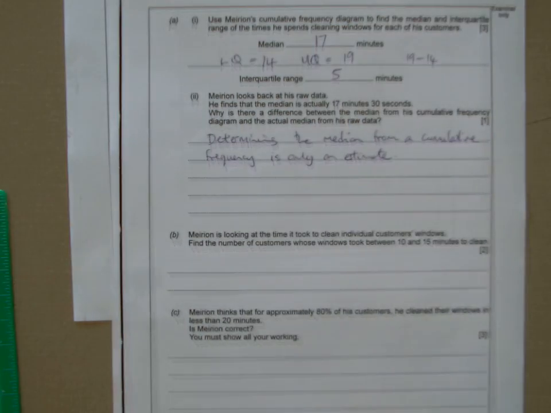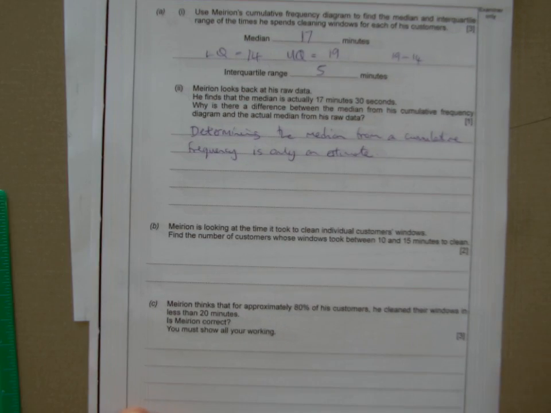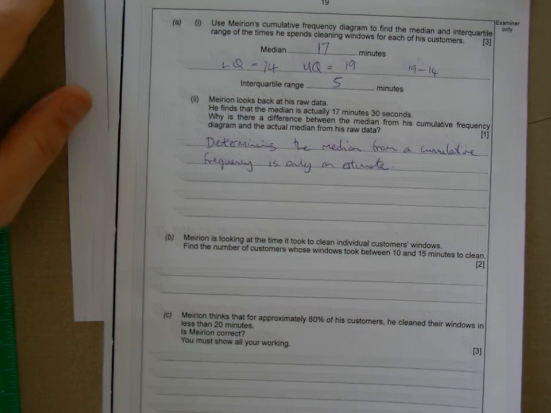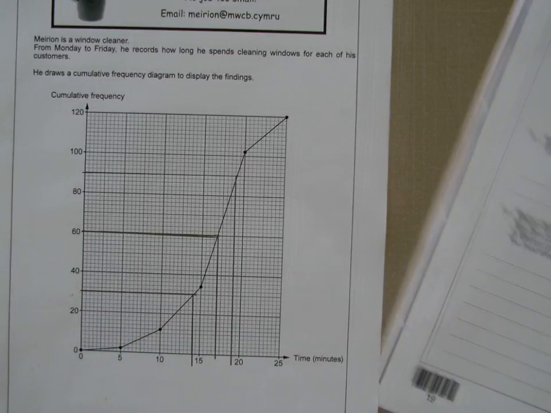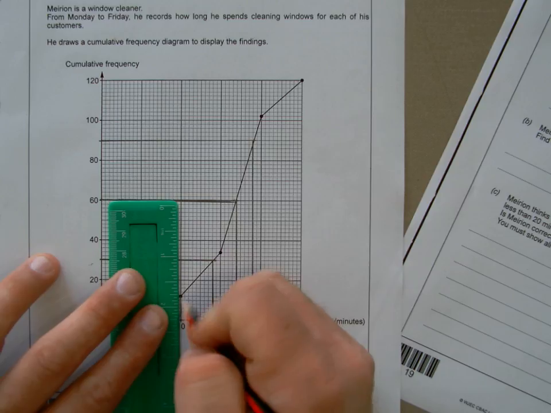Okay, part B then, Myron is looking at the time it took to clean individual customer windows. Find the number of customers whose windows took between 10 and 15 minutes to clean. Okay, so what we'll do, we'll look at the graph here. We'll look at 10 minutes, okay?